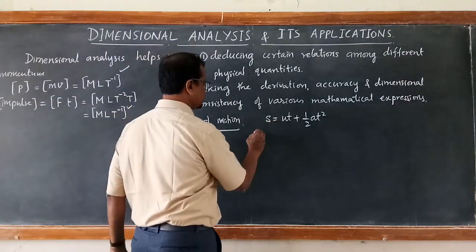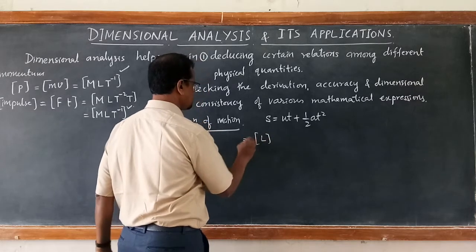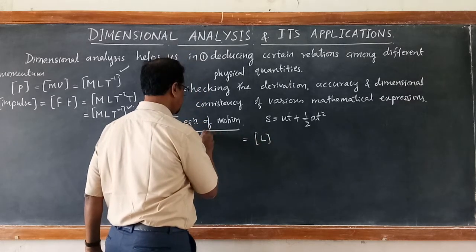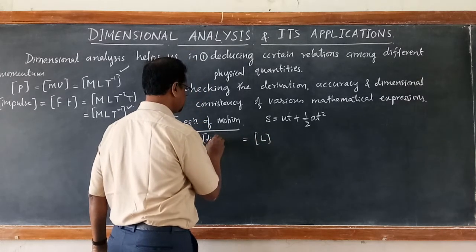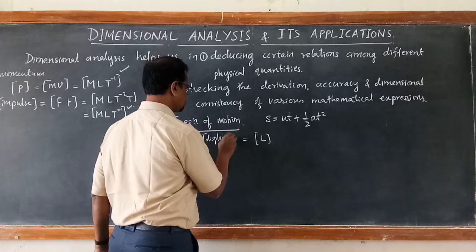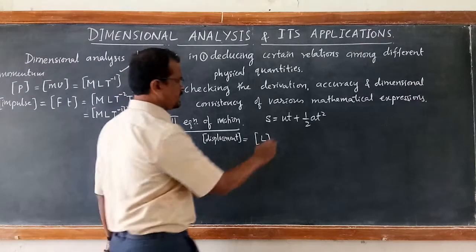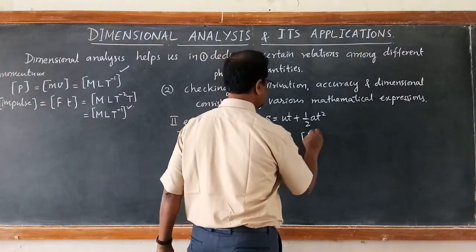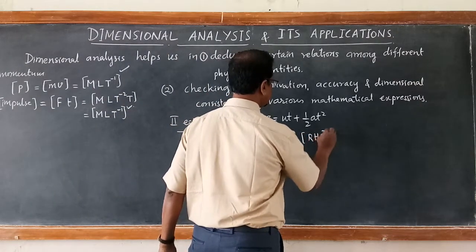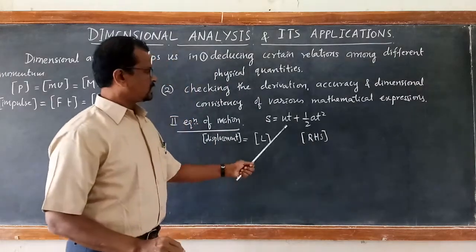The dimension of displacement is L. So this is the dimension of LHS, L. And let us see the dimension of RHS, that is the dimension of the right hand side.